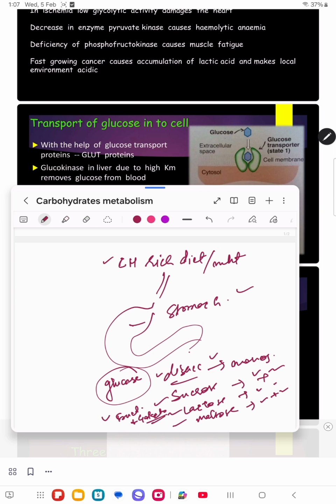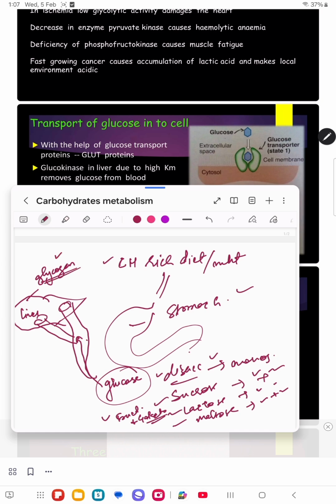The glucose goes to the liver, which is here, through the hepatic portal vein. In the liver, the glucose will be converted into glycogen.